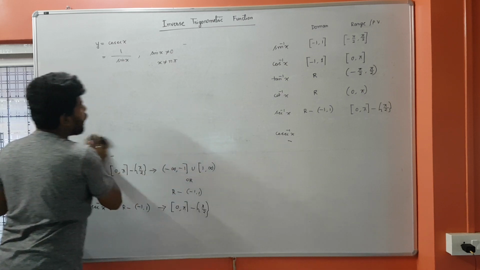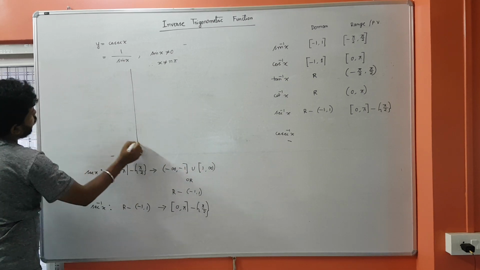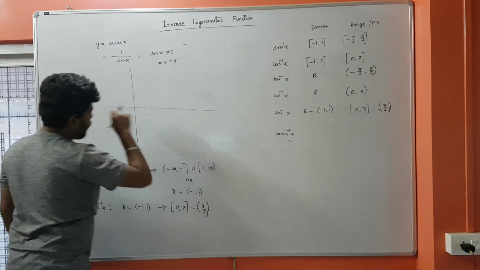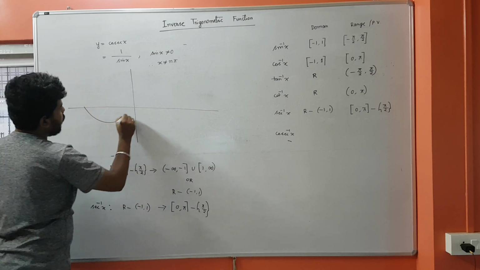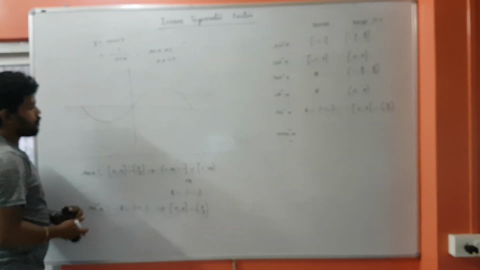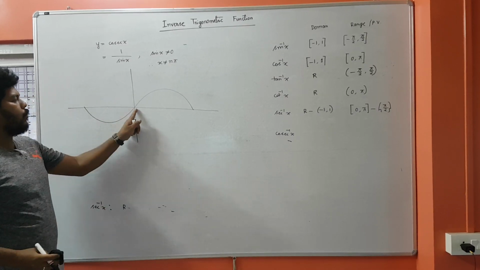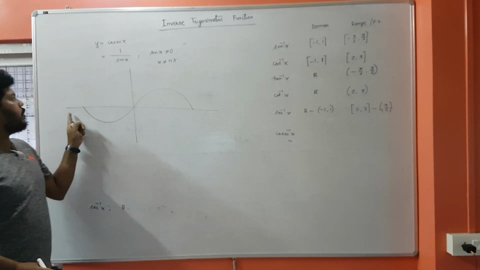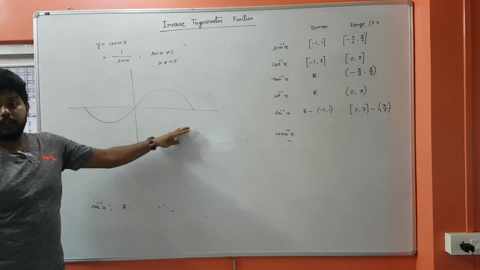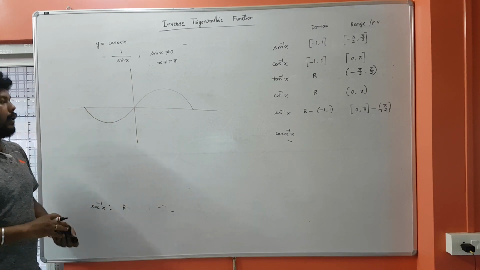If I draw the graph of sin x, we will get something like this. Now, at 0, π and minus π, sin x is 0. Therefore, cosec x will be undefined.